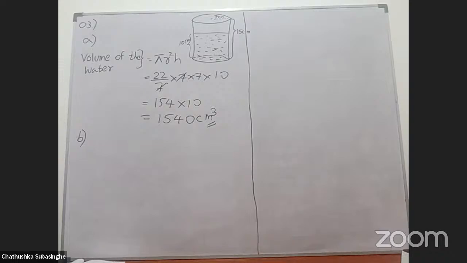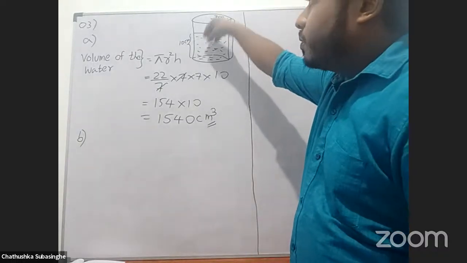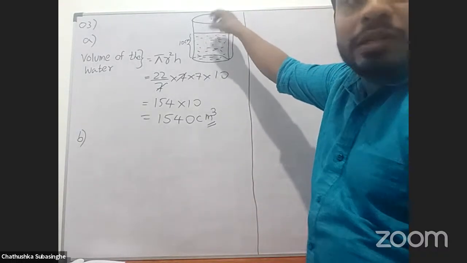Yes, 18 small solid metal spheres of radius a centimeters put into the above. Now, 18 small spheres are going to be put inside this vessel.